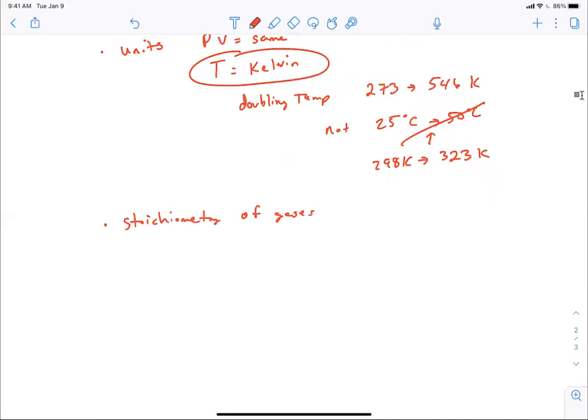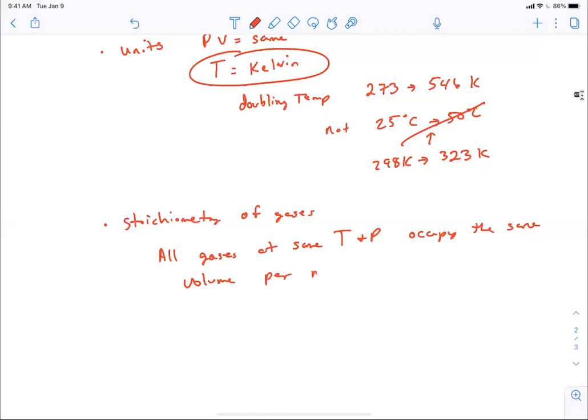What we need to understand is that because of Avogadro, he was able to say that all gases at the same temperature and pressure occupy the same volume per mole, meaning that at STP for IB, it's 22.7. Yes, in other places it's 22.4, but for the IB, it's 22.7 decimeters cubed per mole.